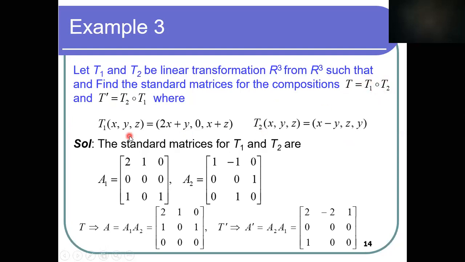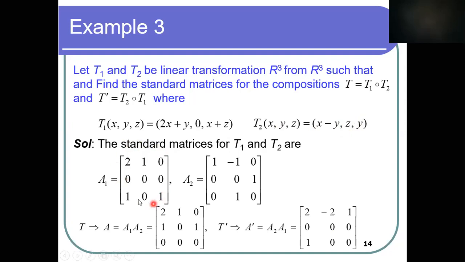Let us take two transformations. T1 is applied on x, y, z, an element of R3, and the output is also in R3. T2 is also a transformation from R3 to R3 because it takes three elements and maps to three tuples.